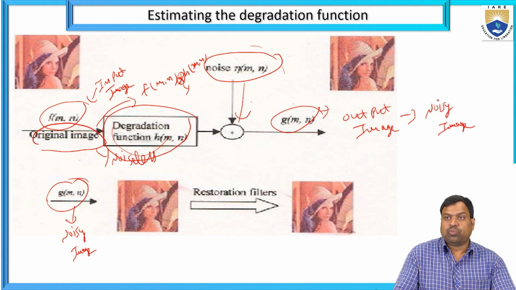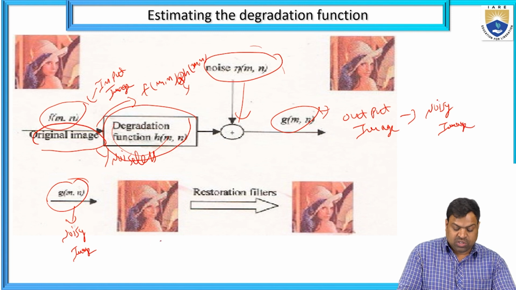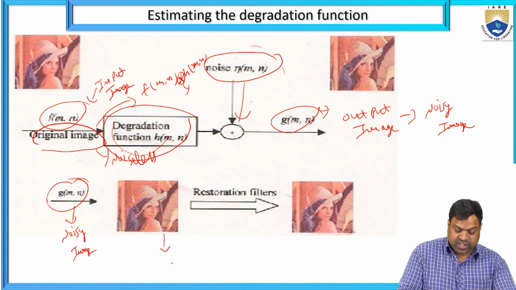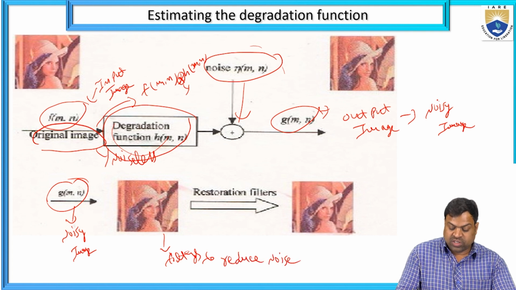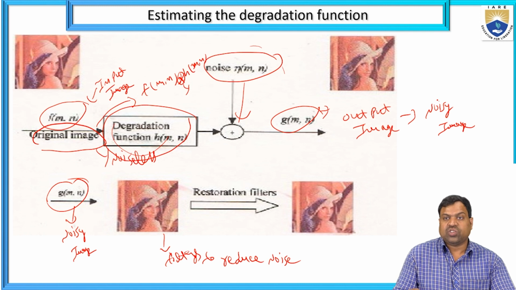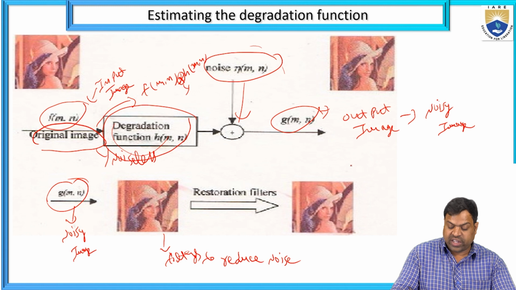So after the output of the noisy image, what do we have to do? I am using the filter technique. Here I am using filters to reduce noise. So that is the restoration filter, meaning the output filter is the restored filter. Restoration filter means again f dash of x comma y.